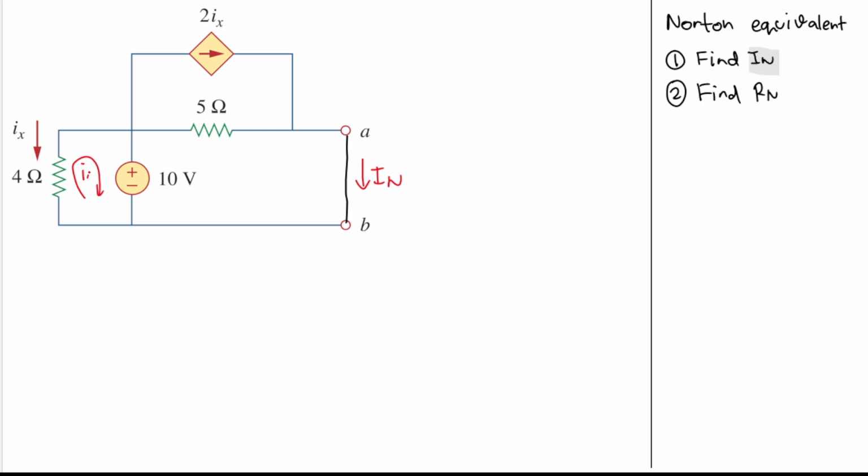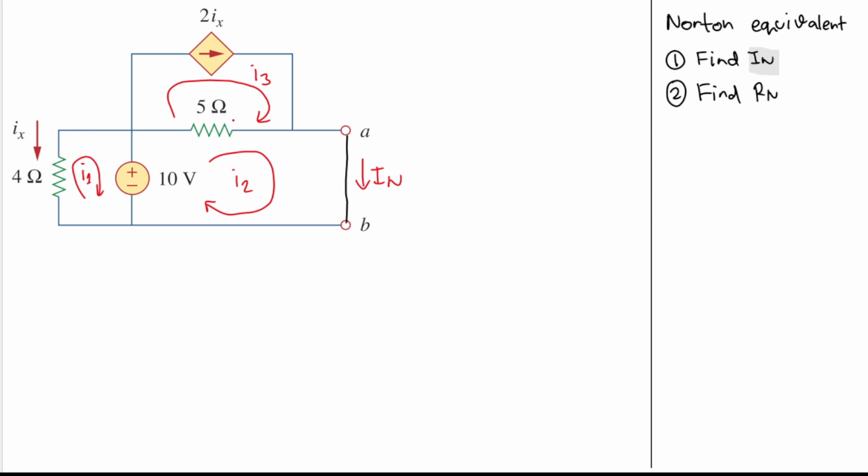I will have I1 here going clockwise, and then I2 here, also going clockwise, and I3 here, also going clockwise. Good. Now let's extract some information from this circuit and these loops.